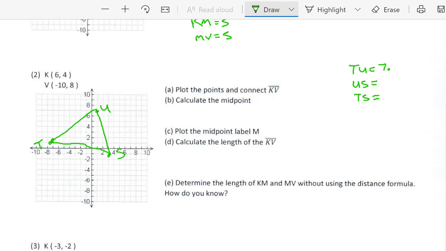So let's say we got 7.1, 3.8, 6.9. The perimeter would be adding up all of those sides. So that's 10.9, 11.8, 17.8. That would be the perimeter if those were the random made-up values.